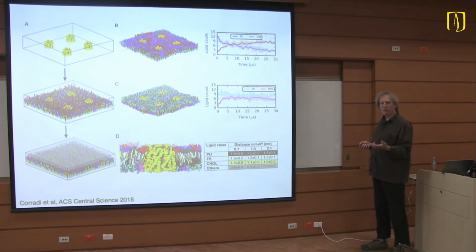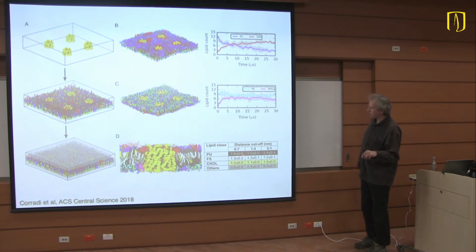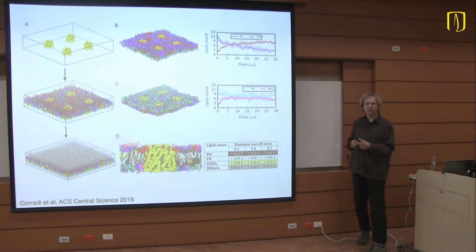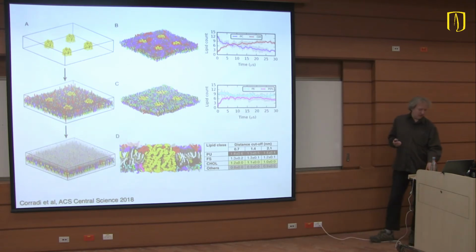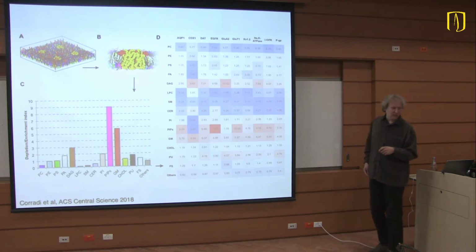But certain lipids are probably attracted by the protein, and others might be either repelled or outcompeted by the ones that like the protein. So you get numbers like this. 1.8 is almost twice the concentration in bulk for polyunsaturated lipids. 0.8 for another large group of lipids, so they're excluded from the local environment of the protein. And you can do this for all of the proteins, and you get spreadsheets full of data.